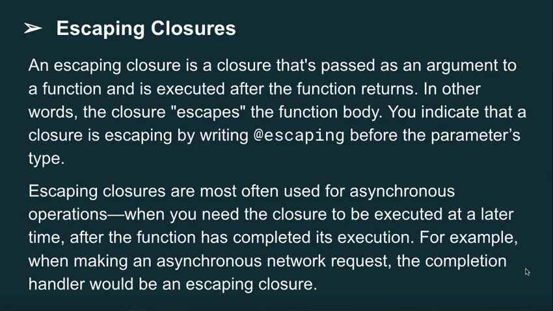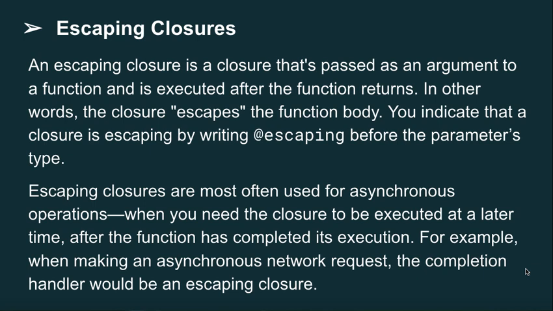Escaping closures. An escaping closure is a closure that's passed as an argument to a function and is executed after the function returns. In other words, the closure escapes the function body. You indicate that a closure is escaping by writing @escaping before the parameter's type.